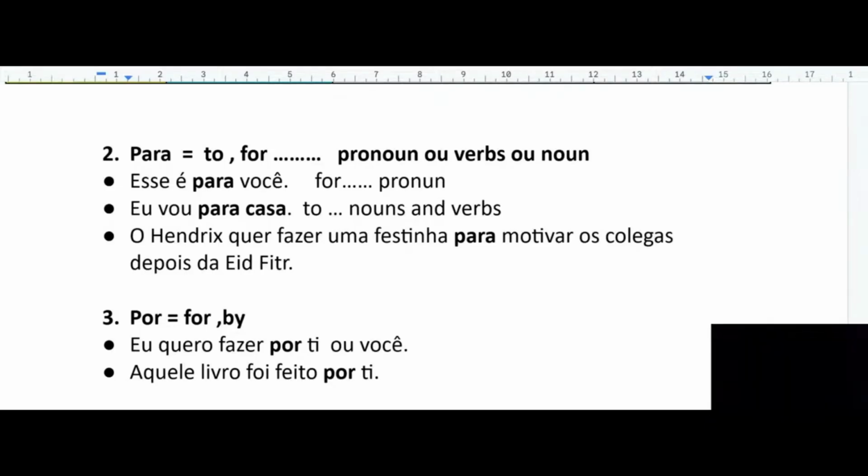The conversation will tell you where you get the meaning. Sometimes the one who is speaking is always right. You can't say why is he using for, why is it by, why is it not for. It all depends on the conversation.